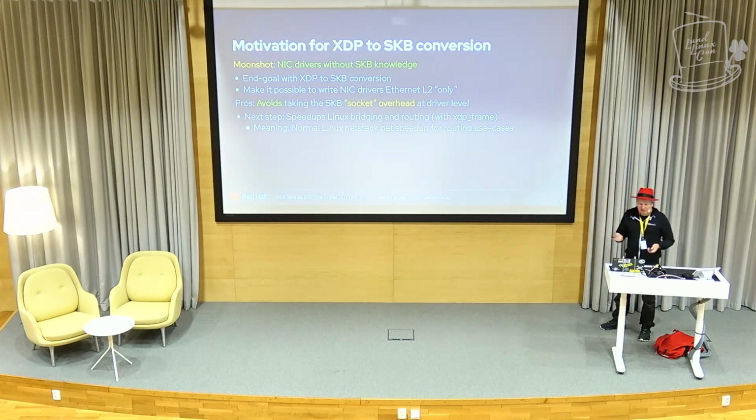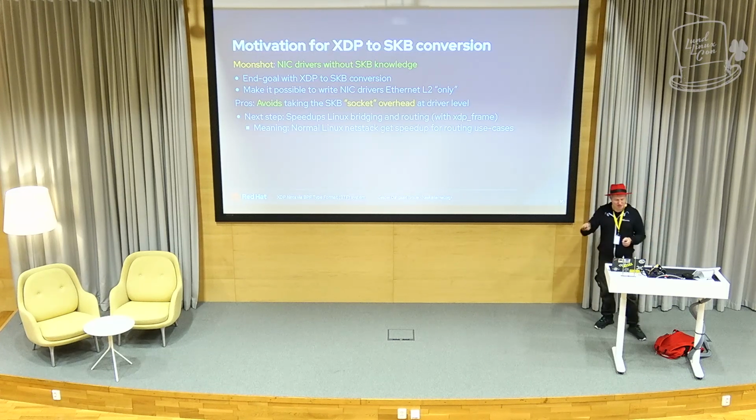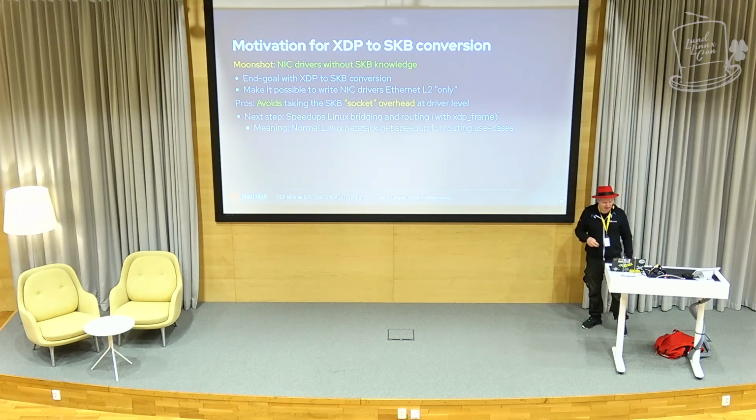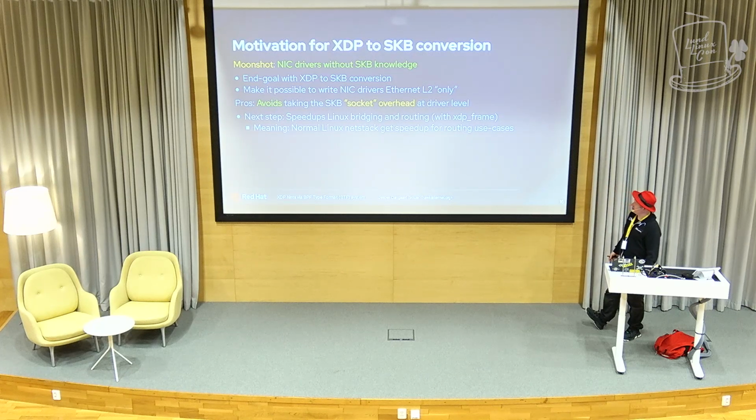My motivation for the XDP to SKB conversion is that it's a moonshot: I want drivers without any SKB knowledge. It should simplify the drivers a lot, and we can avoid taking the socket overhead from the SKB at the driver level. My next moonshot is that you can then speed up general Linux bridging and routing. That would be great.